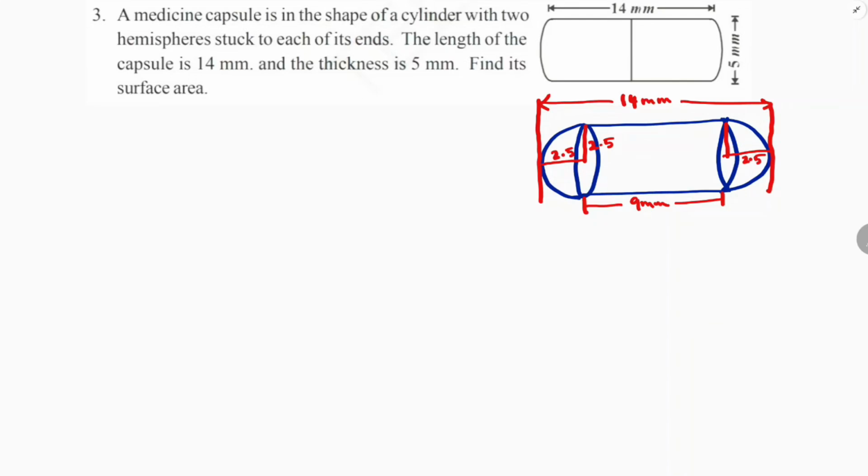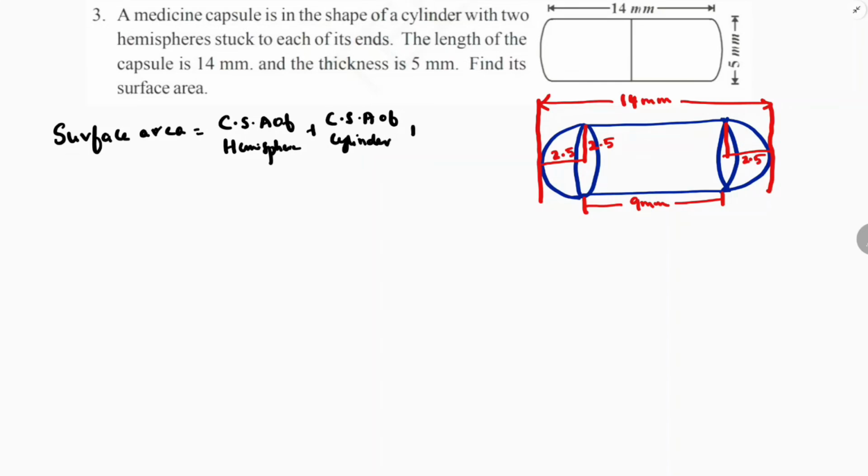Now surface area of the capsule is curved surface area of hemisphere plus curved surface area of cylinder plus curved surface area of again hemisphere.